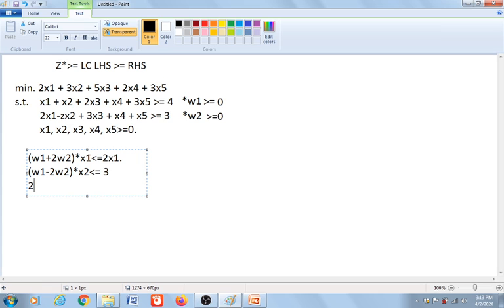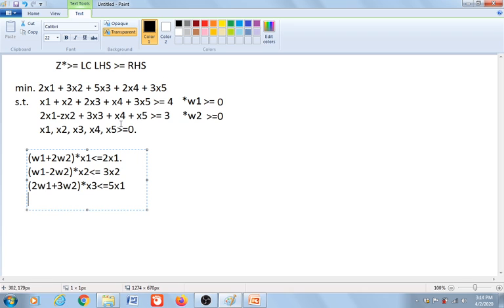Now for x3, 2w1 plus 3w2, everything times x3, less than or equal to 5. This is 5x3, and this should be 3x2 over here.